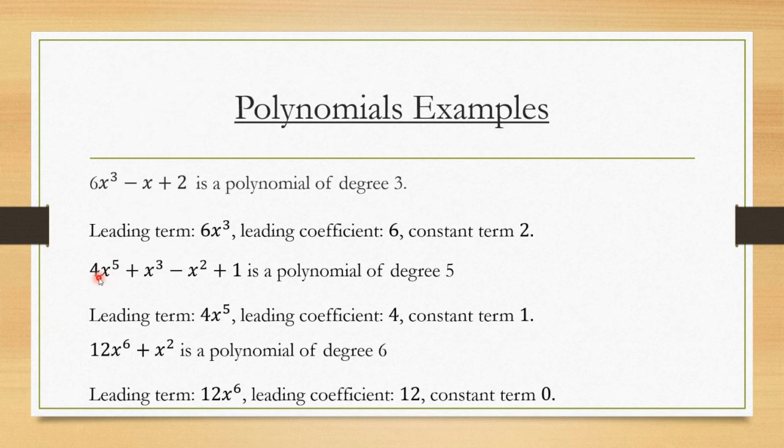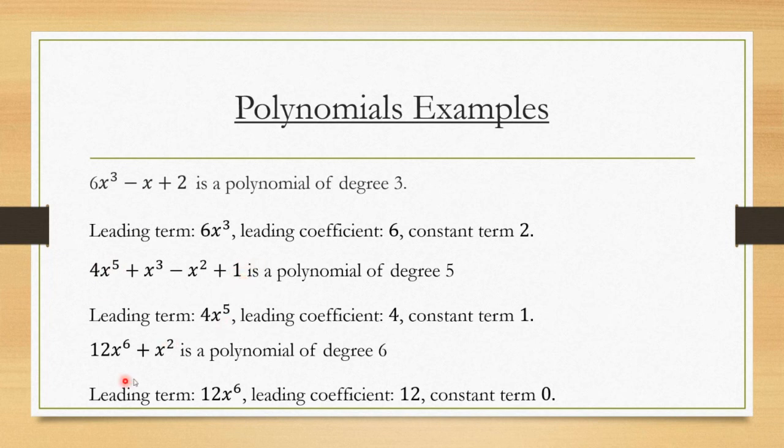The leading coefficient, as you can see, is 4. The leading term is 4x to the 5th. That's where the biggest exponent of x is. The 4 is the leading coefficient. And the 1 is the constant term.